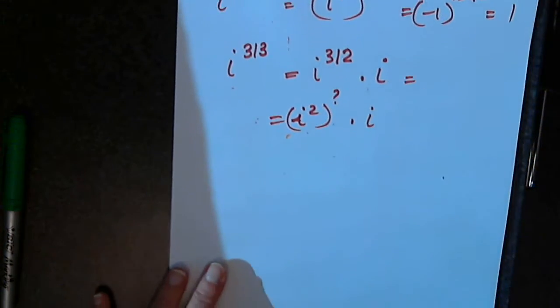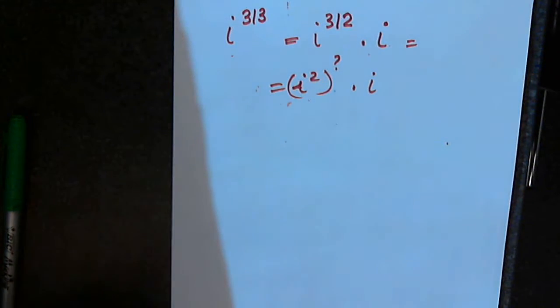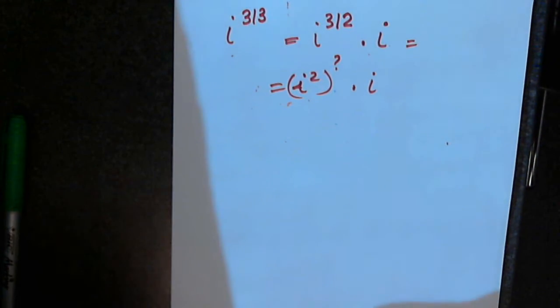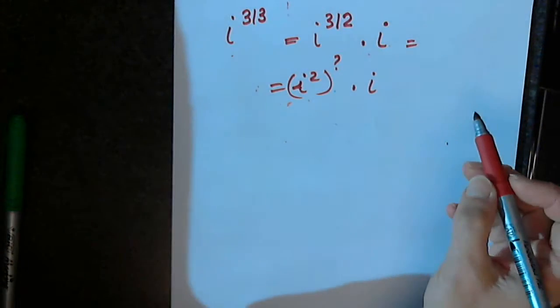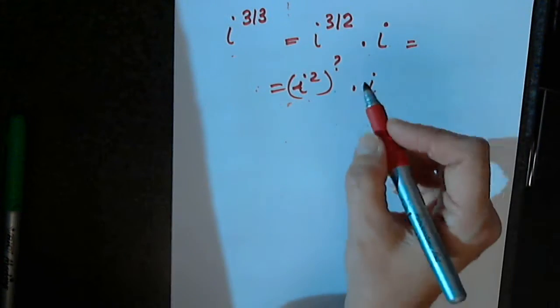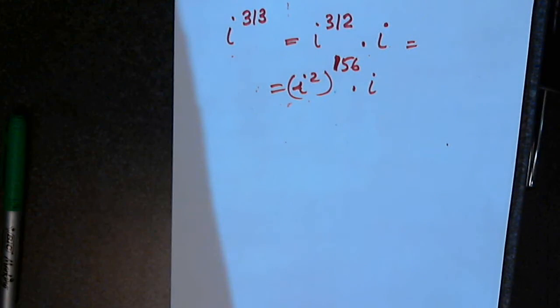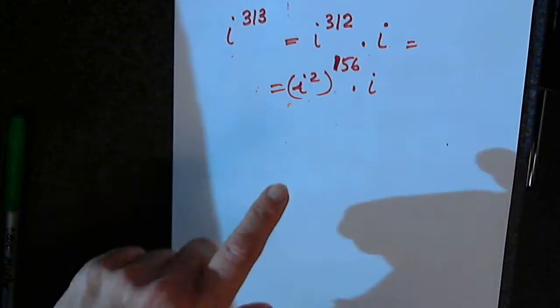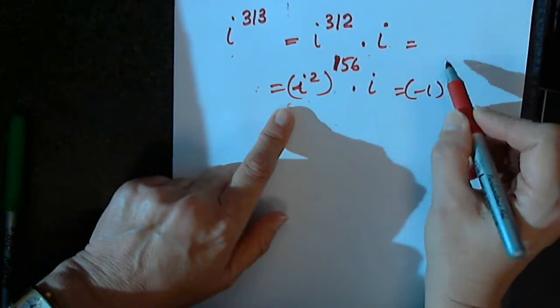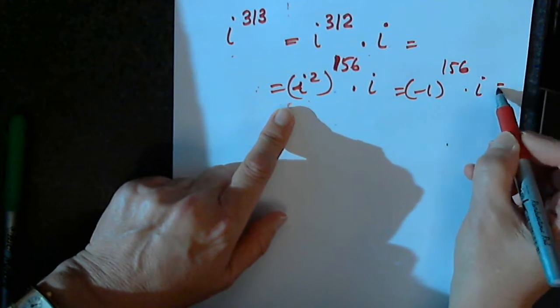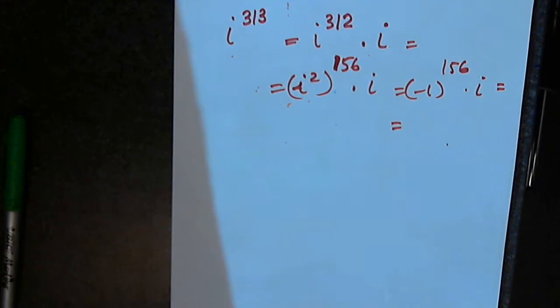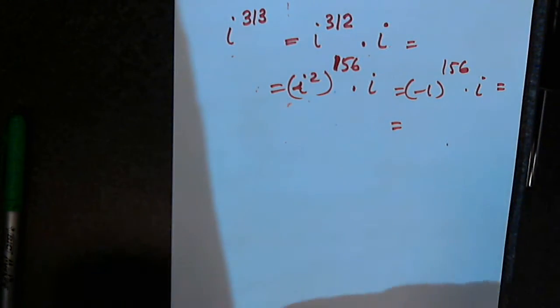What power will that be? 156. Good. So then I have negative 1 to 156 times i. But how much is negative 1 to 156? How much is 1 times i?